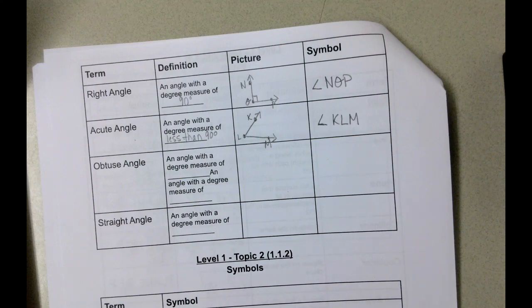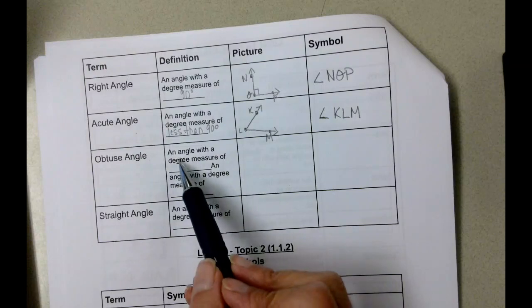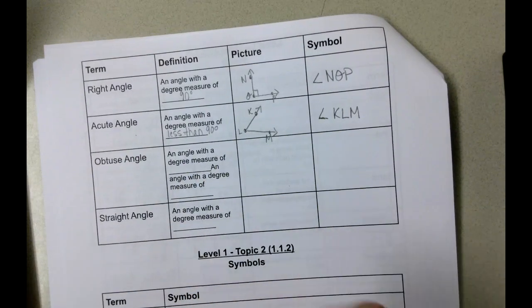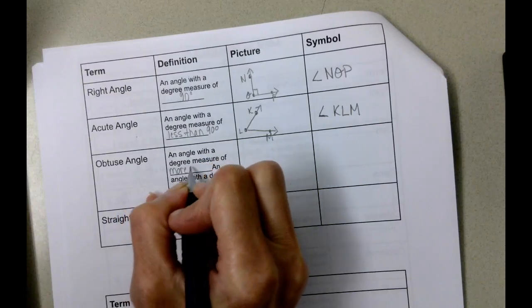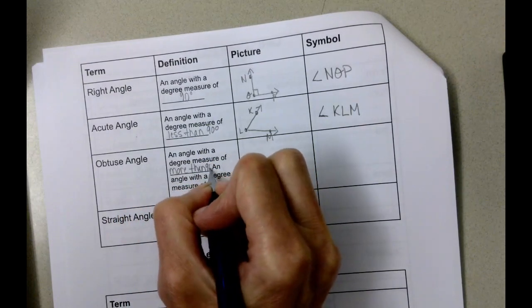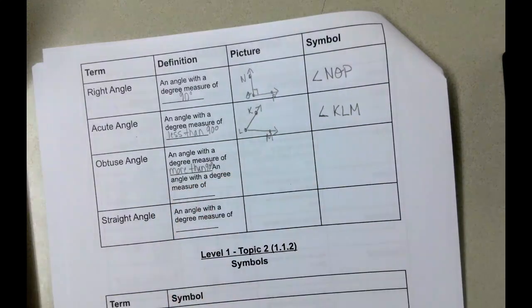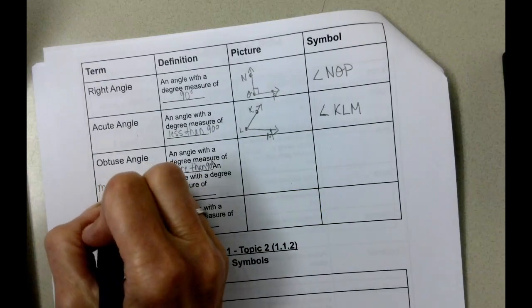And something happened here on my next one. We've got a repeat in there, but an obtuse angle is an angle with a degree measure that is going to be more than 90 degrees. Let me write it over here so you can see it a little bit better.